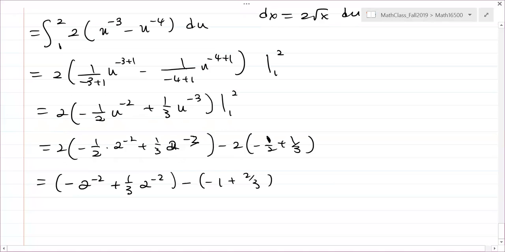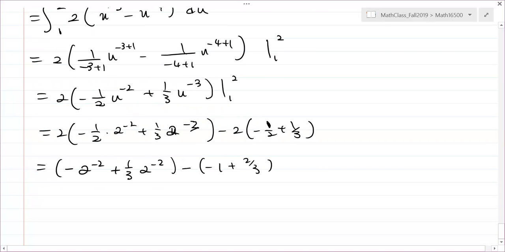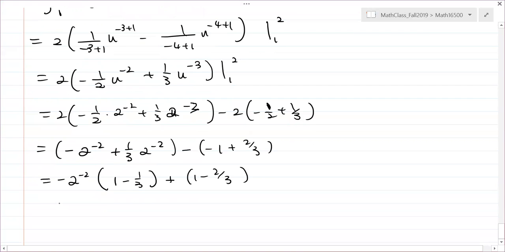Okay. So I think I can take a negative 2 out. It's 1 minus 1/3, right? So here, if you take a negative sign out, it's 1 minus 2/3. Be careful, right? So not too bad. And here's 2/3. That's 1/3, right?